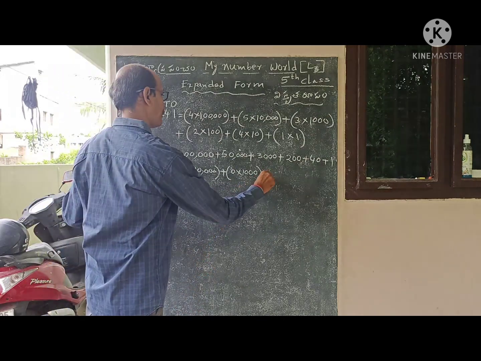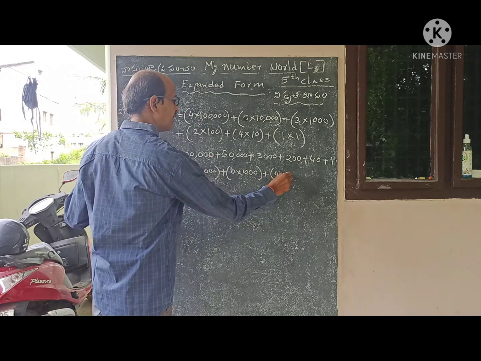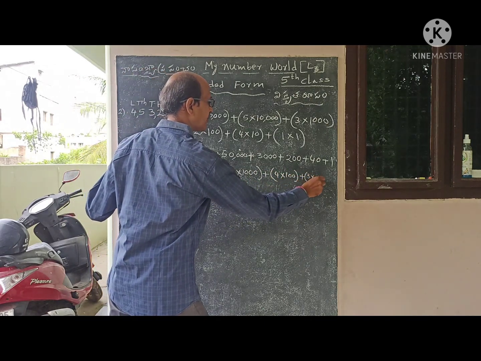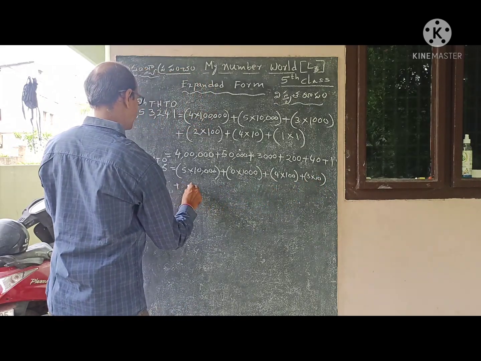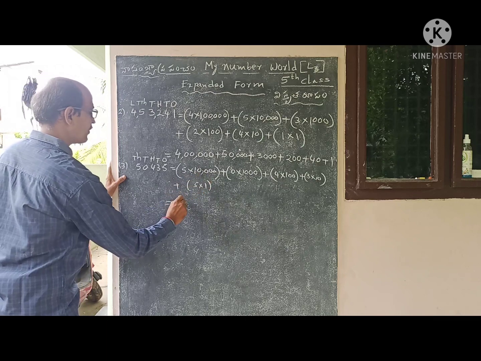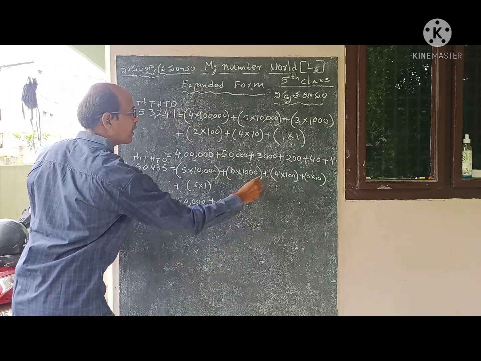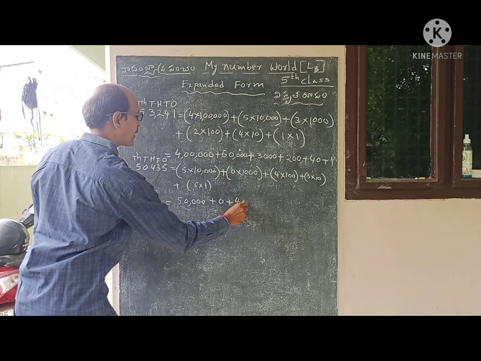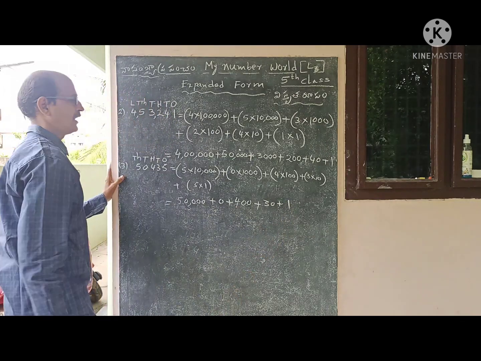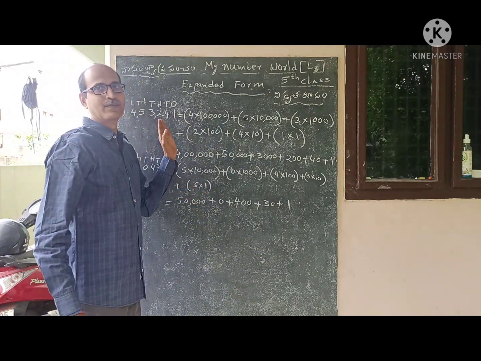No problem. Plus 4 into 100, plus 3 into 10, plus 5 into 1. It will become 50,000 plus 0 plus 400 plus 30 plus 5. Like this way you write the expanded form of given numbers.